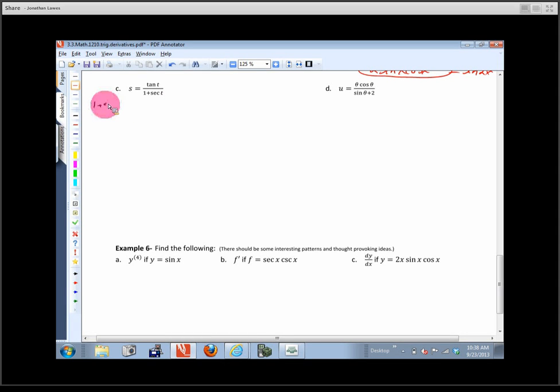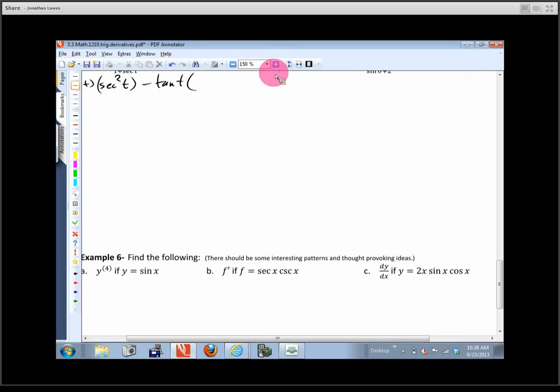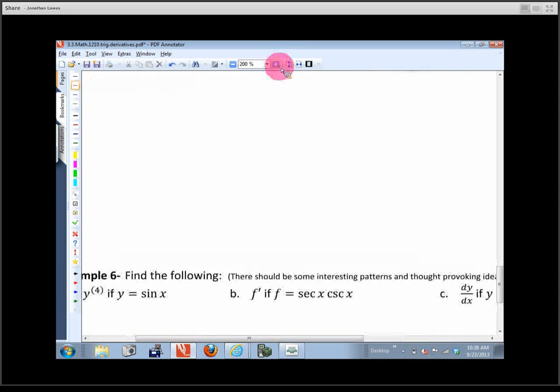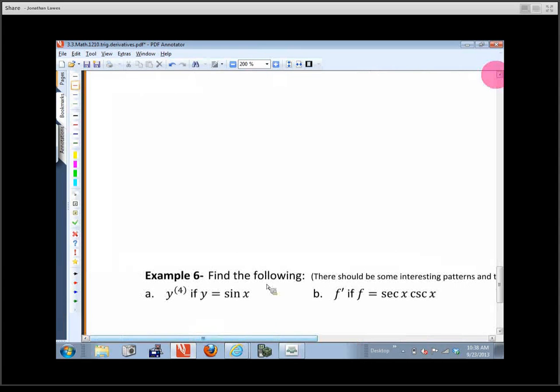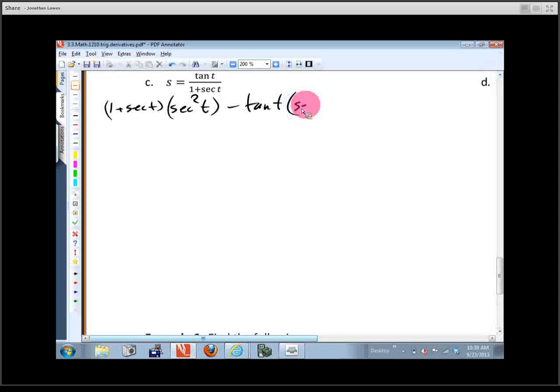It's got a 1, so the derivative of 1 is 0. And then we've got a secant. The derivative of secant is secant tangent. So this is going to be secant t tangent t all over 1 plus secant t quantity squared. You don't just get to square the 1 and square the secant squared. It doesn't work that way. Okay, so please don't make that mistake.